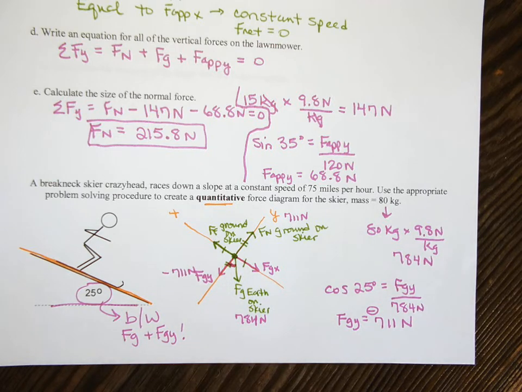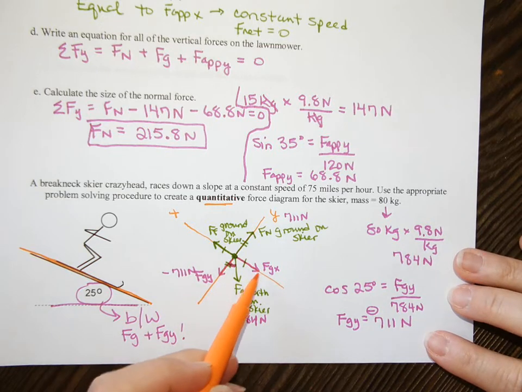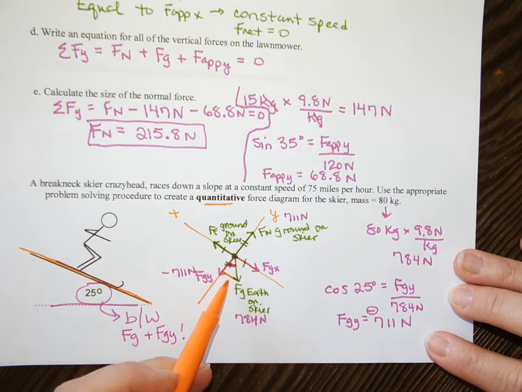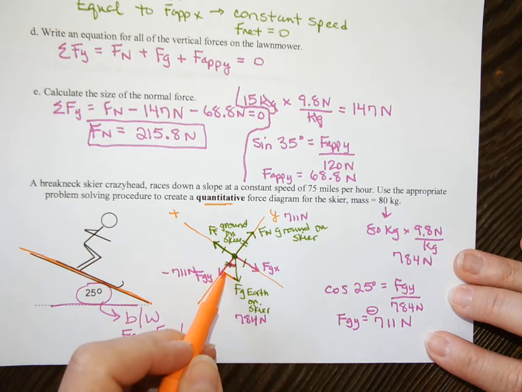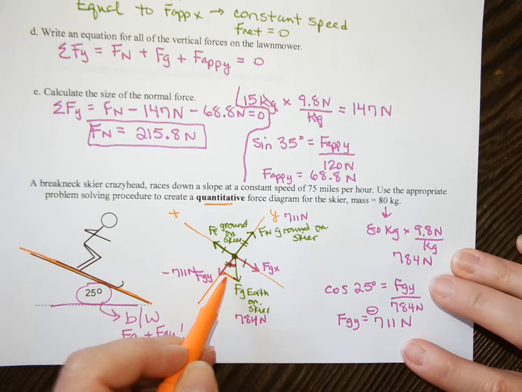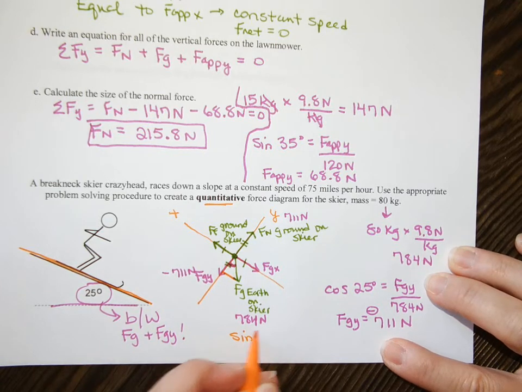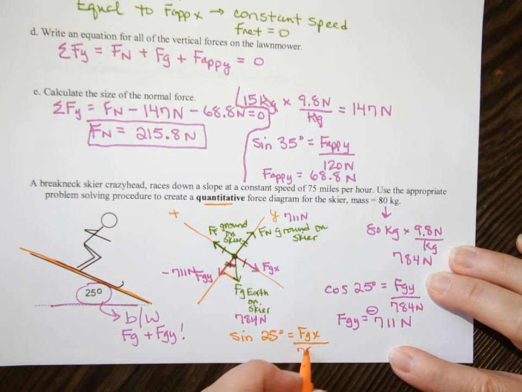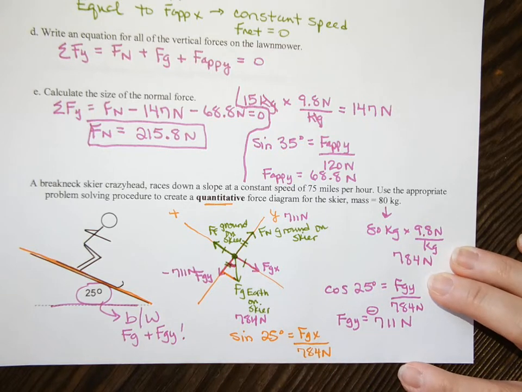Next, I need to find FGX. I'm going to switch colors here. I'll use orange. To find FGX, I'm going to slide that vector to right here. Those two lines are parallel to one another, but it closes up the FG triangle. Now FGX is opposite or across from that 25-degree angle. So I can do a sine calculation. The sine of 25 is FGX over the hypotenuse of 784 newtons.